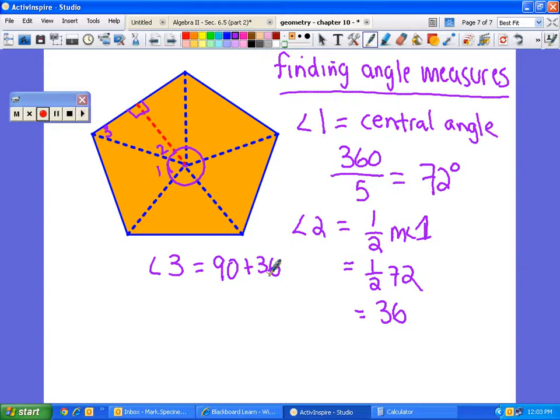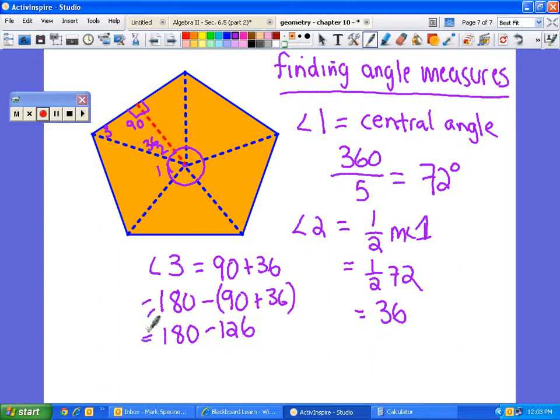If we know that this angle is 90 and this angle is 36, what's the total of the angles in the triangle? 180. So my total is 180, and I subtract 90 plus 36, so I get 180 minus 126, which equals 54. So angle 3 is 54 degrees.